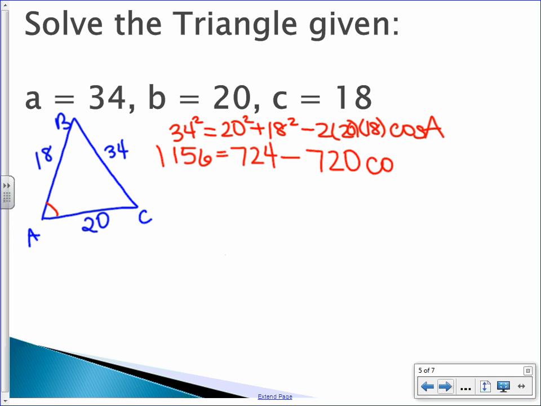Times the cosine of A. Please be careful. Can we subtract those two numbers? No, we cannot subtract those two numbers. What do we have to do? Subtract the 724, so we get 332? No, 432.